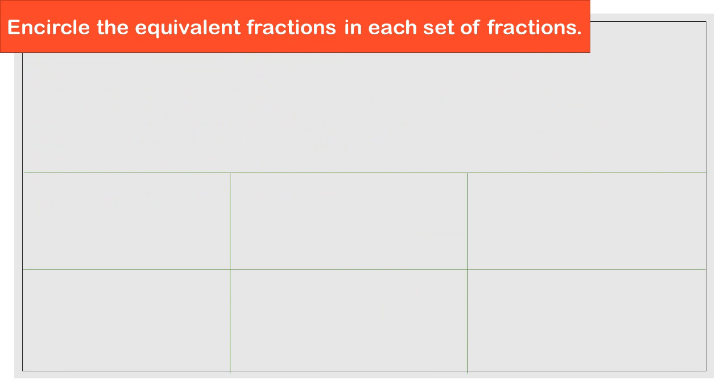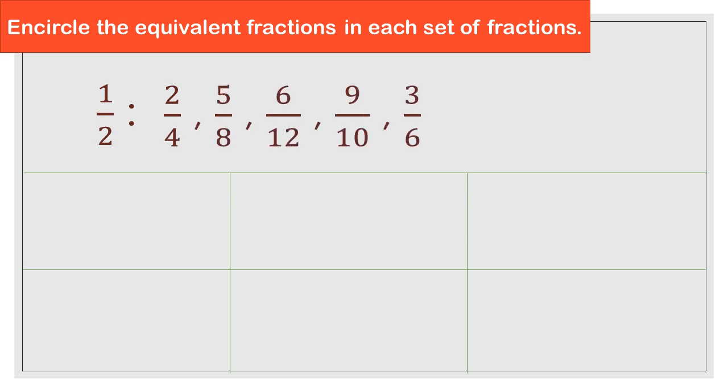Let's solve some exercise. Encircle the equivalent fractions in each set of fractions. 1/2, 2/4, 5/8, 6/12, 9/10 and 3/6. Let us solve one by one. To find the equivalent fraction of 1/2, let's recall the definition of equivalent fraction.